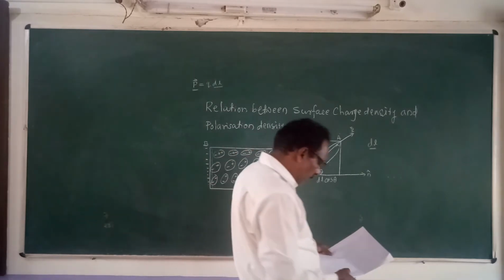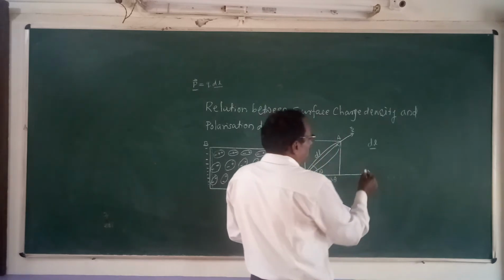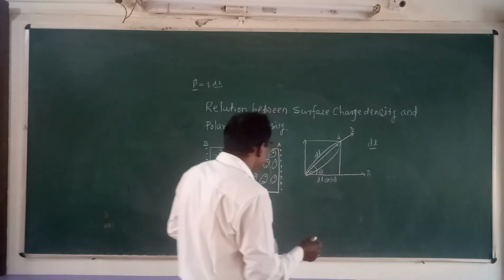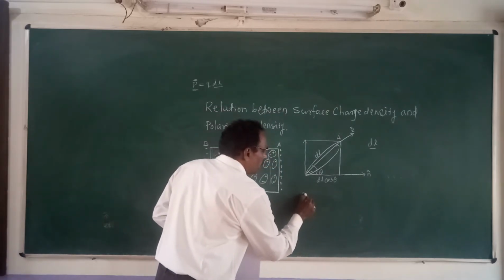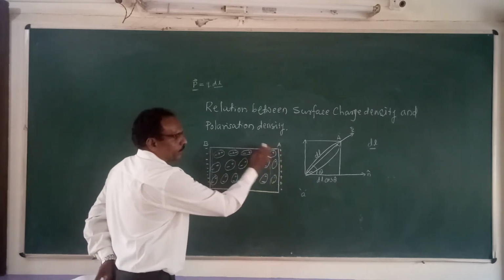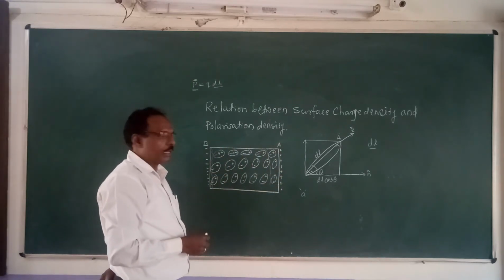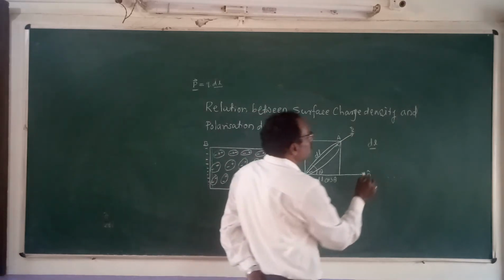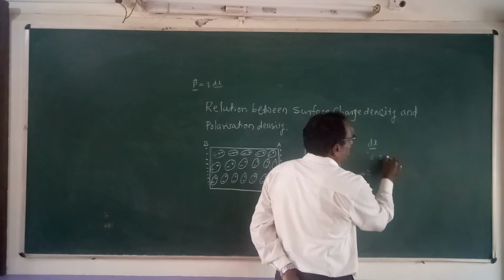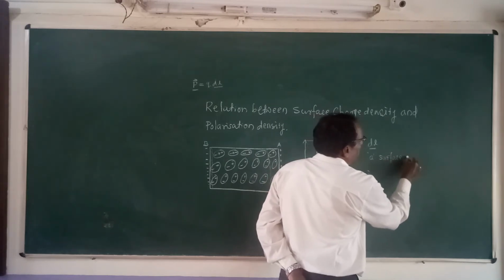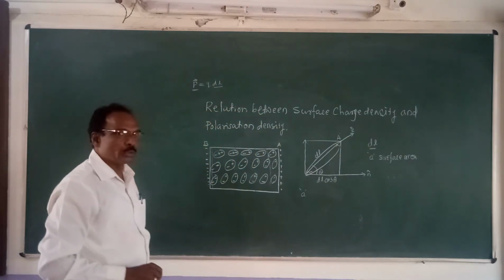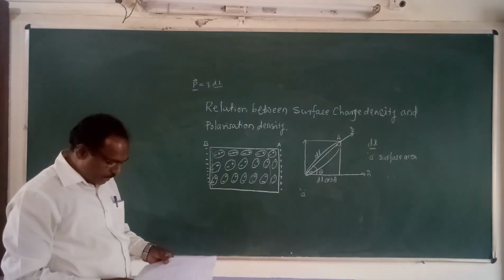And now if n are the number of molecules per unit volume, if I take A as the surface area of this slab, and dl is the length, we want to calculate the density here.